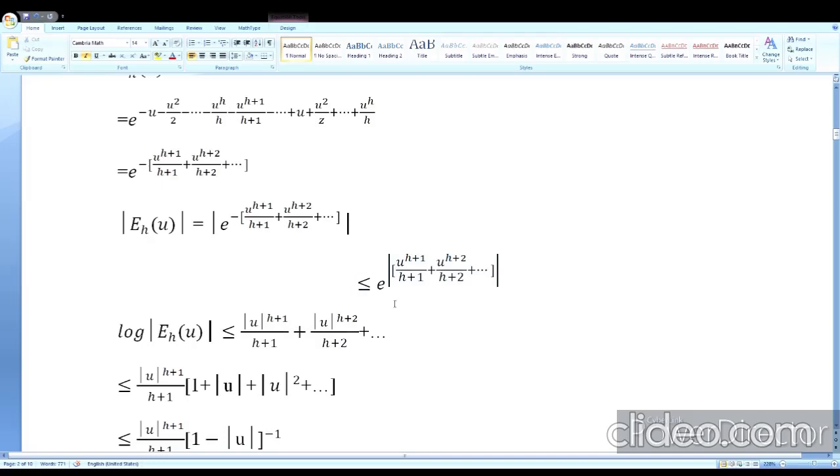Right side log and e gets cancelled and we get modulus of u power h + 1 by h + 1 plus modulus of u power h + 2 by h + 2 plus etc.